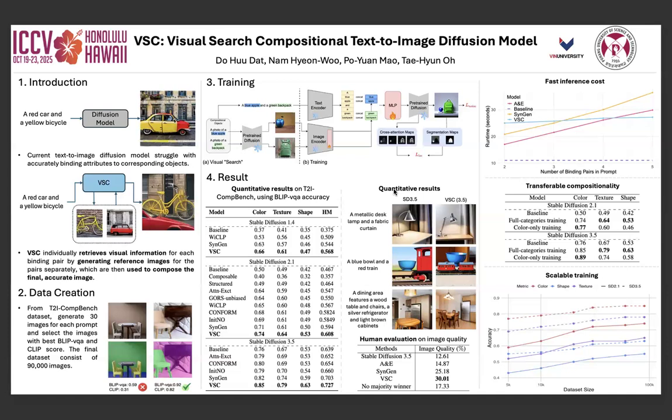For the qualitative result, you can see that our VSC produces better images in visual quality. We also do human evaluation on this, and the majority of people also agree with us.